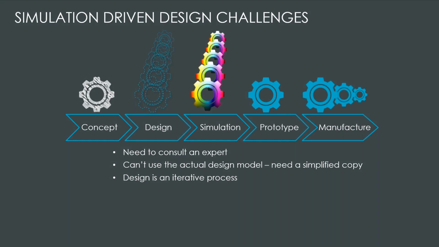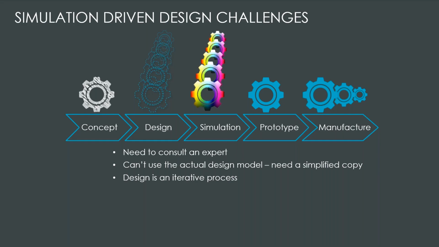So this is sort of the traditional design process, whereby we might start with a concept, we might do a design, we might do some simulation, and then maybe we make a prototype and we manufacture it. But along the way, there's probably a little bit of interaction between the design and simulation, and even the concept stage with respect to simulation.